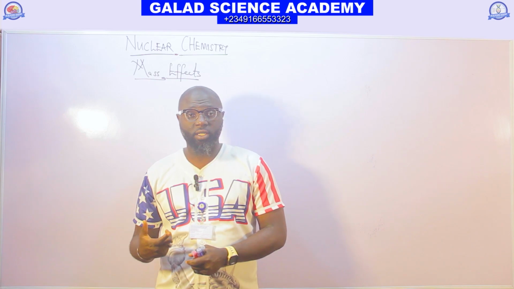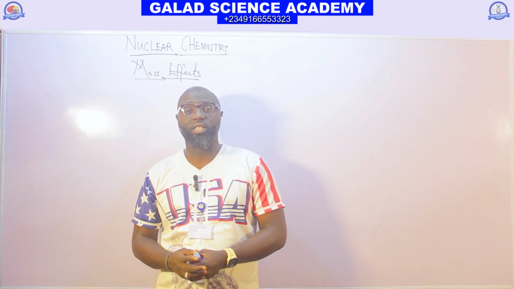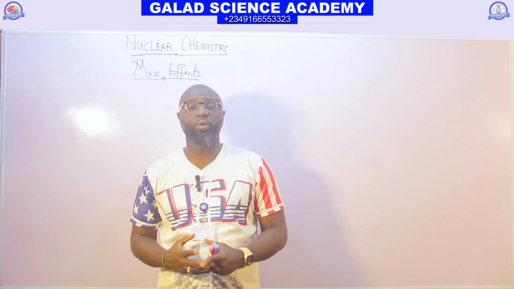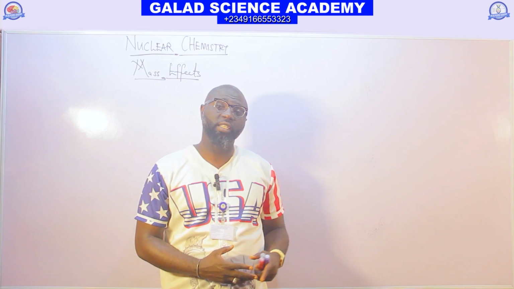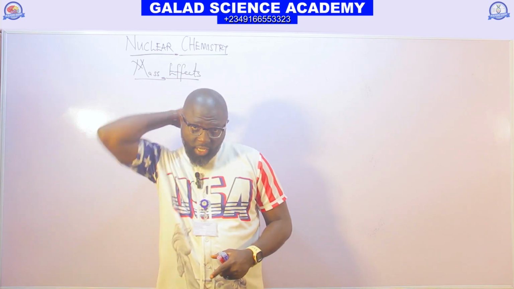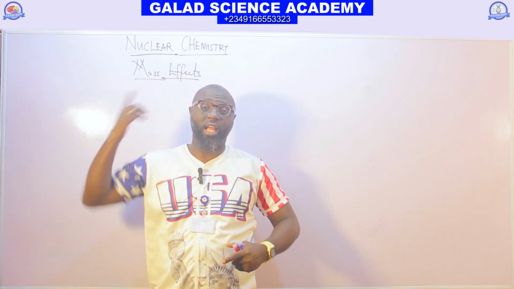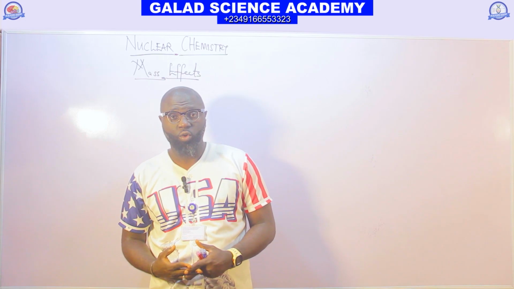Now we have discussed that too. And the last one is the kinetics of radioactivities, where we derive the formula for radioactive decay, half-life, the decay constant, then the radioactive curve.